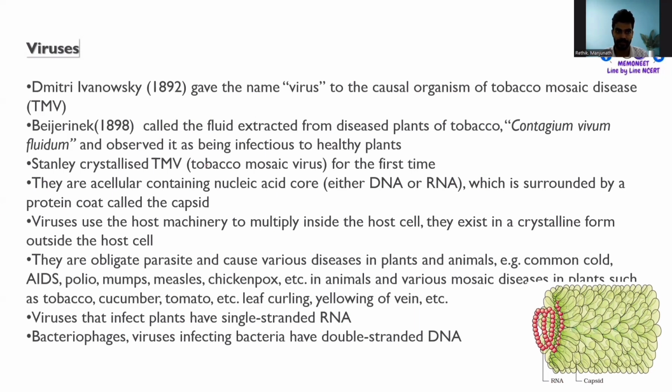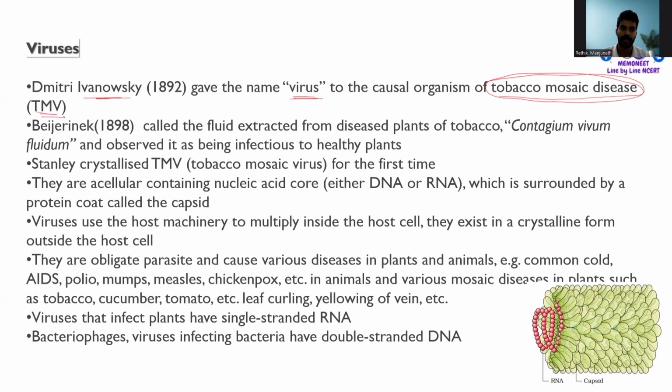So the very first one is viruses. Ivanovsky in 1892 gave the name virus to the causal organism of the tobacco mosaic disease. The organism is the tobacco mosaic virus.